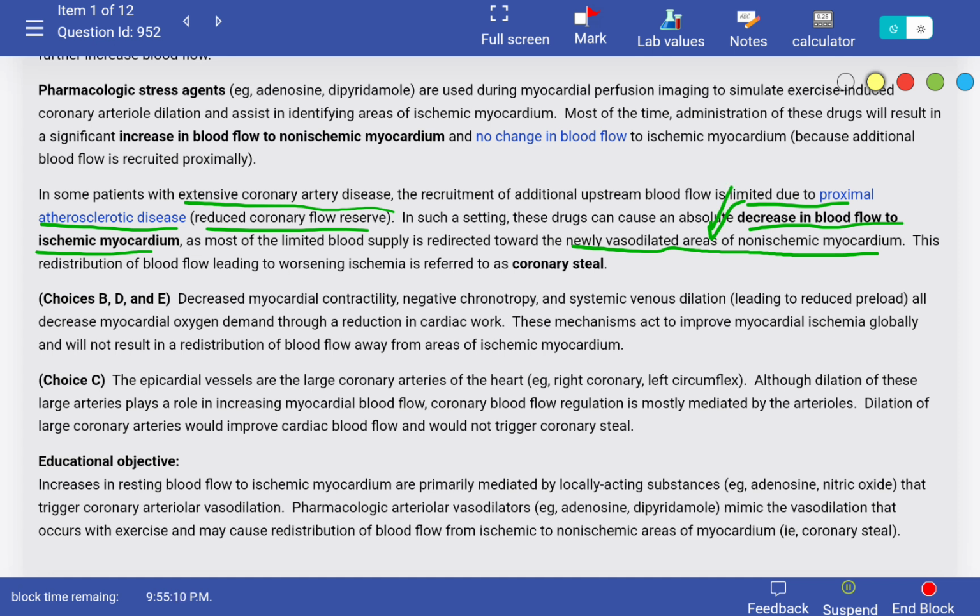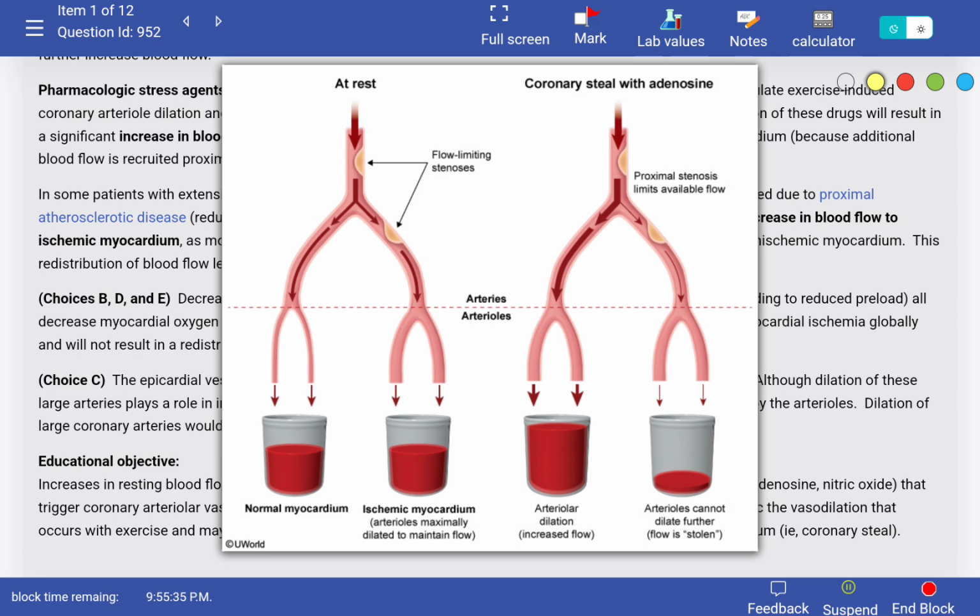This redistribution of blood flow leading to worsening ischemia is referred to as coronary steal, like coronary steal syndrome.